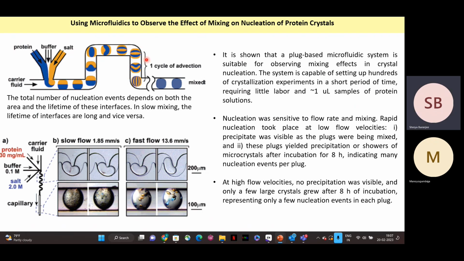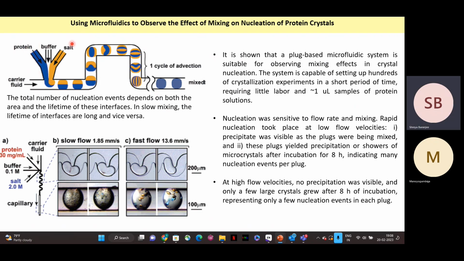Then a cycle of advection is done, which basically allows the protein, buffer, and salt to mix within the drop. And the total number of nucleation events depends on the area and lifetime of the interfaces. So it is shown here that a plug-based microfluidic system is suitable for observing mixing effects in crystal nucleation.